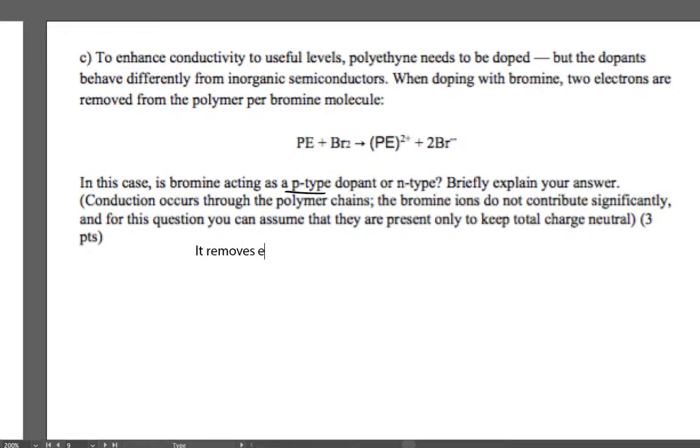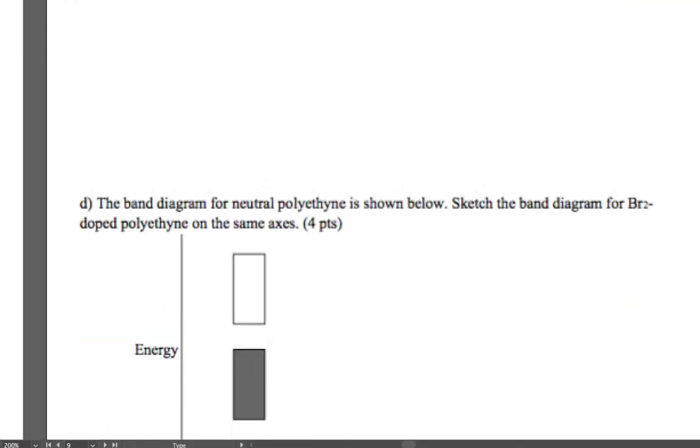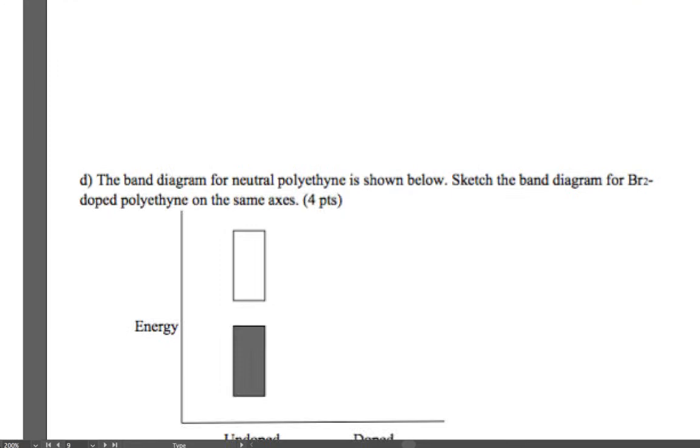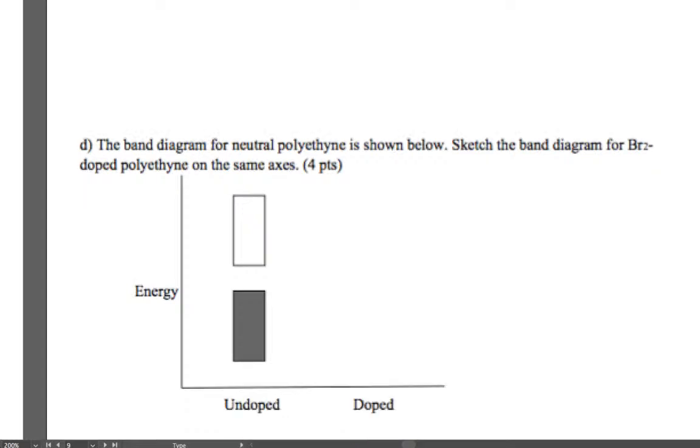The band gap for neutral polyethylene is shown below. Sketch the band gap for Br2 minus doped polyethylene on the same axis. So let's try to draw the same thing here. You have this band filled with electrons, this band gap there.